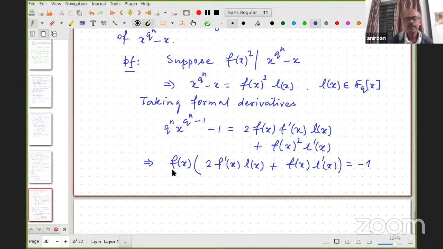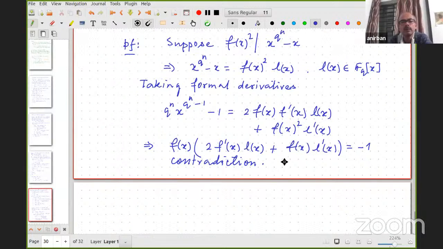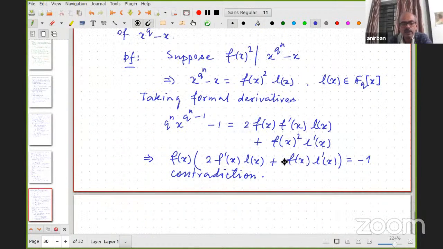Therefore, f(x) has to be constant, which is a contradiction. So it doesn't happen.